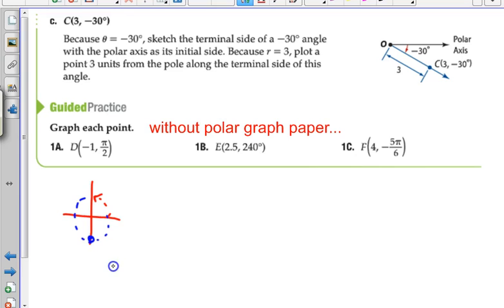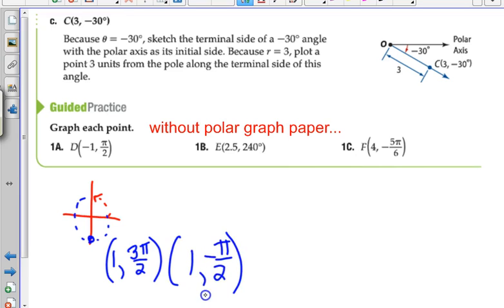Now, do you remember I said we're going to have multiple names? Another name for this would be this. Does that make sense? 3 pi over 2, out 1. Okay? Another name for that is negative pi over 2, out 1. What do you think? You went this way instead and straight out 1.